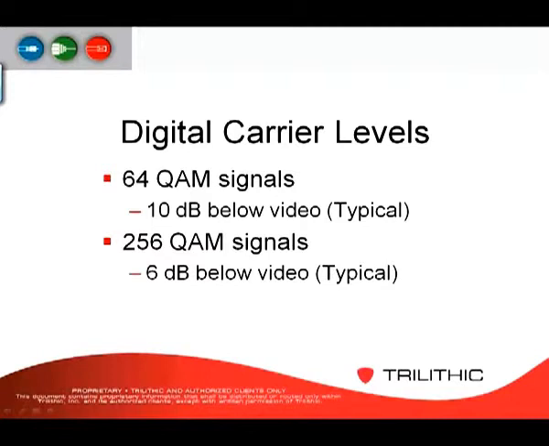This makes measurement of digital carriers critical to determine the system margin. Signal level, MER, and BER are the vital measurements when you're checking digital signals. The BER mode helps to find any of the BER problems.